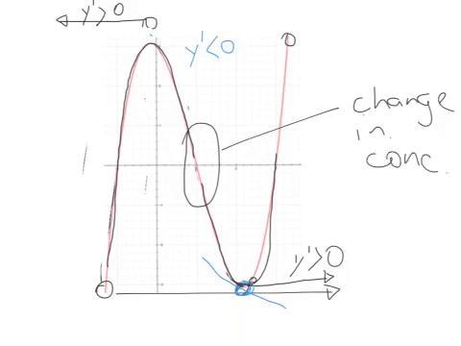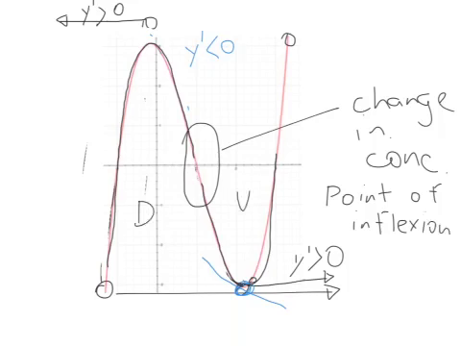Well, what we call that is a point of inflection. It just means that our curve in this case changes from concave down over here to up over here. And where that occurs is called the point of inflection.